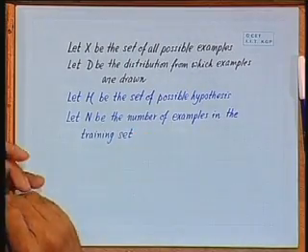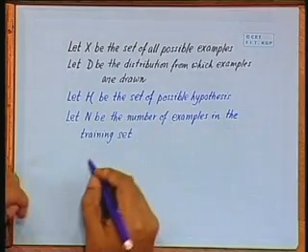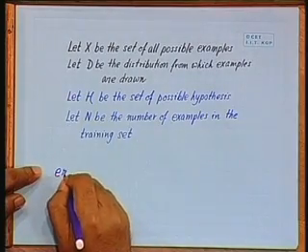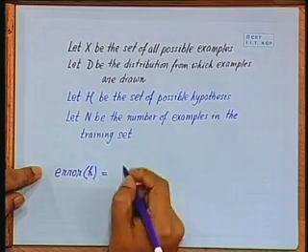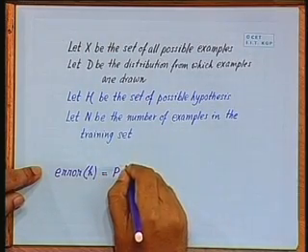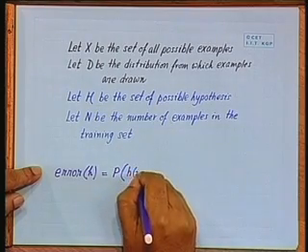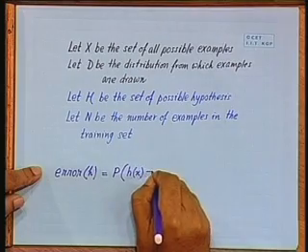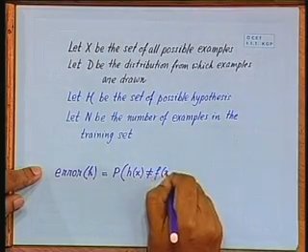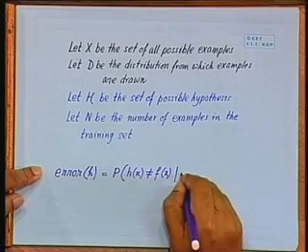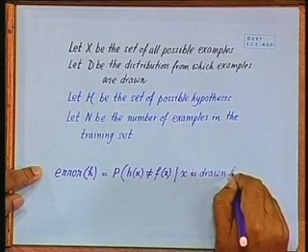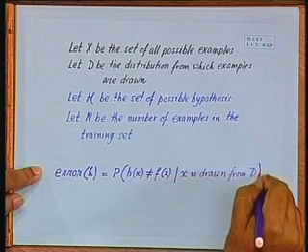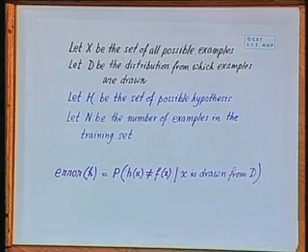Right. Now we define error(h) as the probability that h(x) is not equal to f(x), given that x is drawn from the distribution D. Are you with me about what we are doing?